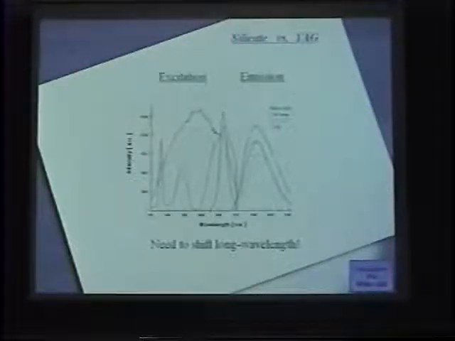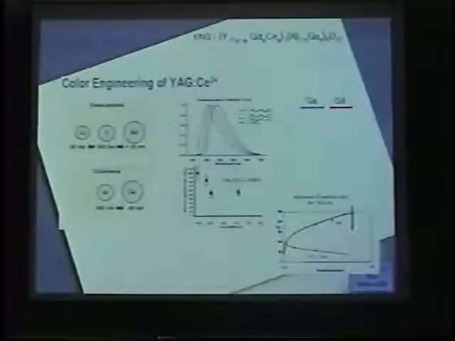In this LED application, the first thing is you have to absorb a lot of photons at the range of the LED emission, then emit the proper color. So, what kind of work do we have to do? For instance, the LED chip has different energy efficiency near maybe 465, 460, 455.